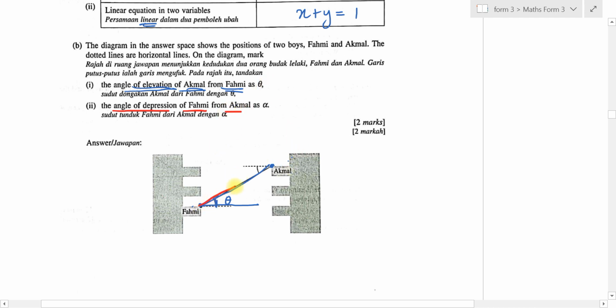So as usual, we draw this line between Fahmi and Akmal, and he wants to look from Akmal. So we draw this line. Akmal looking at Fahmi. So here is your angle of depression, which you need to label as alpha. Label that. Label alpha here, theta here.